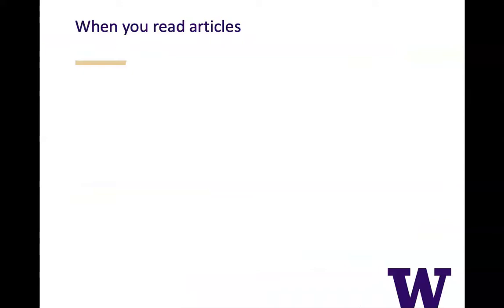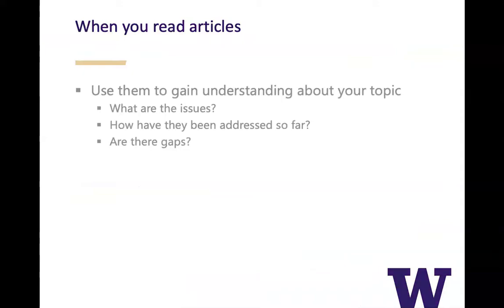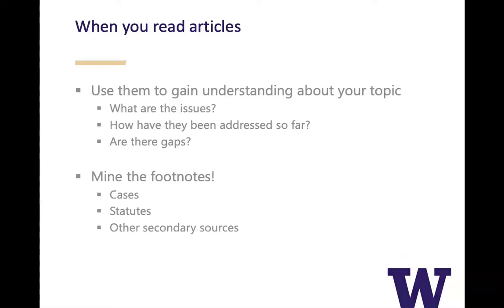When you read articles, you use them to gain an understanding about your topic. What are the issues? How have they been addressed so far? Are there gaps? Maybe the author even says, this is an issue that needs to be addressed. Mind the footnotes. The footnotes will lead you to cases and statutes and other secondary sources.